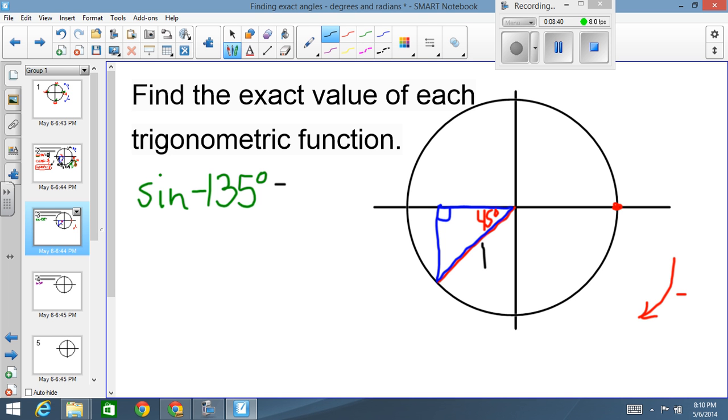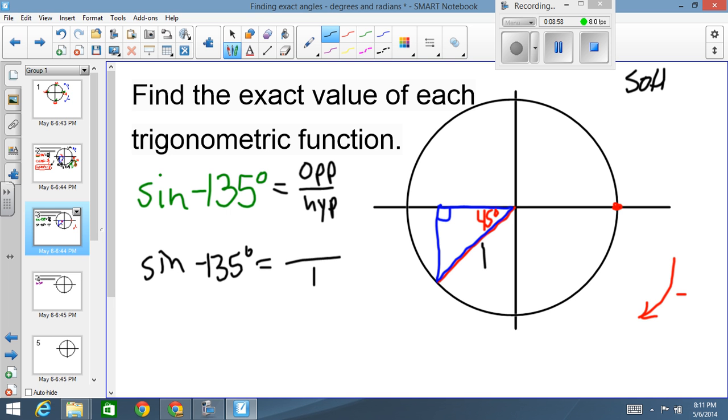And when I'm doing sine, because of my good old friend SOHCAHTOA, I know sine is opposite over hypotenuse. Well, I have my hypotenuse. Sine of negative 135 is equal to, my hypotenuse is 1. I want to find opposite. Well, opposite of what? Opposite of that 45.